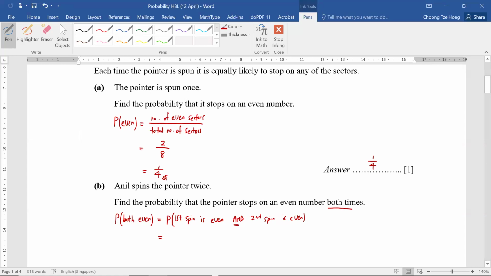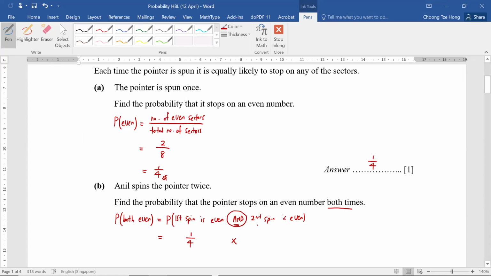All you need to do is take the product of the first spin being even, which we have already calculated in part A. The probability of having an even number for a particular spin is 1/4. Whenever you see the word "and" over here, it is a product, so it will be times.